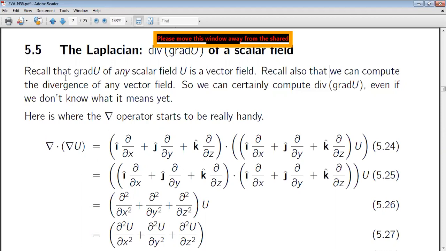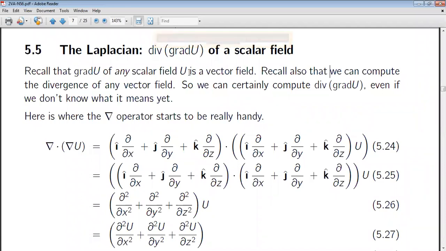Understood? So first you have to recall that the gradient of u, for any scalar field u, is a vector field. It is obvious because u is a scalar quantity. I already discussed with you that the gradient of a scalar quantity is always a vector field function.